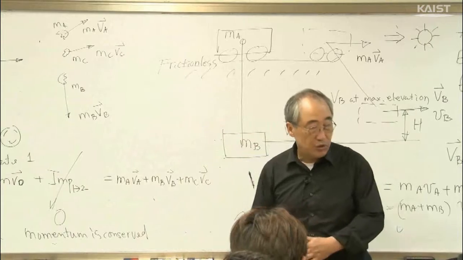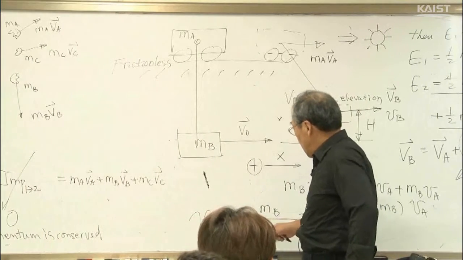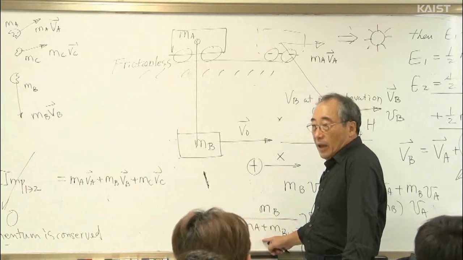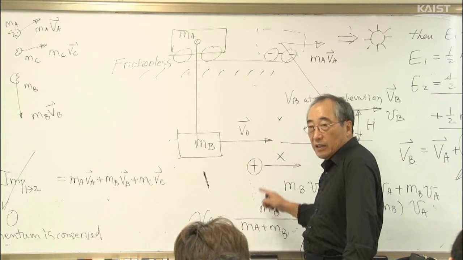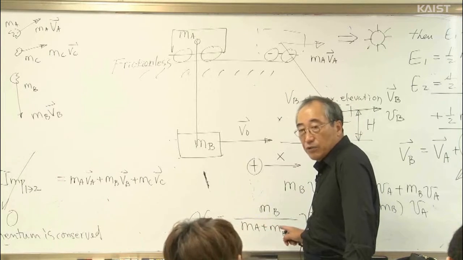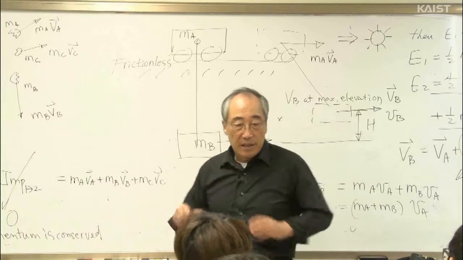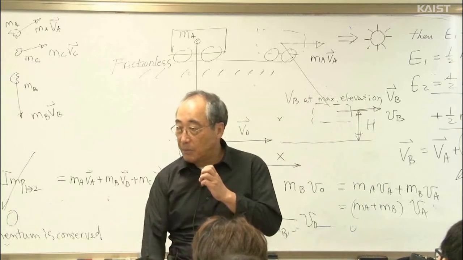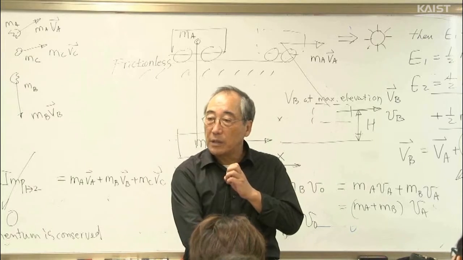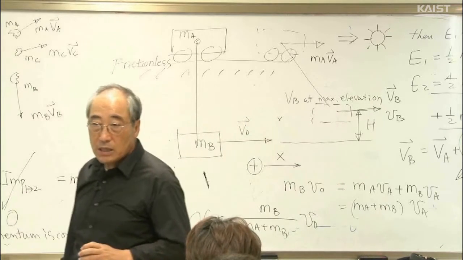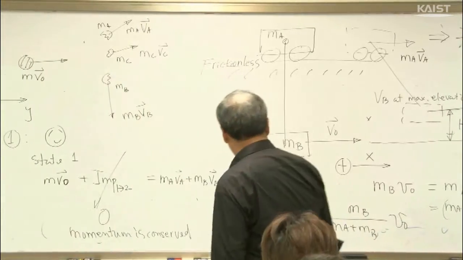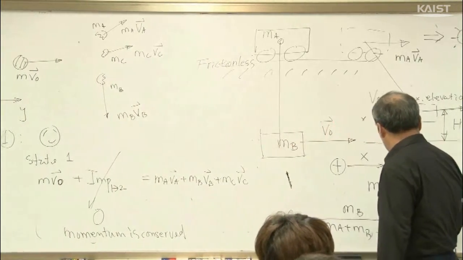That is also trivial case. If MB is very large compared with MA, then VA is equal to V0. That means I have a small mass and a big mass, I have a big linear momentum. It will move as if one particle. That makes sense. So this formula result makes sense.